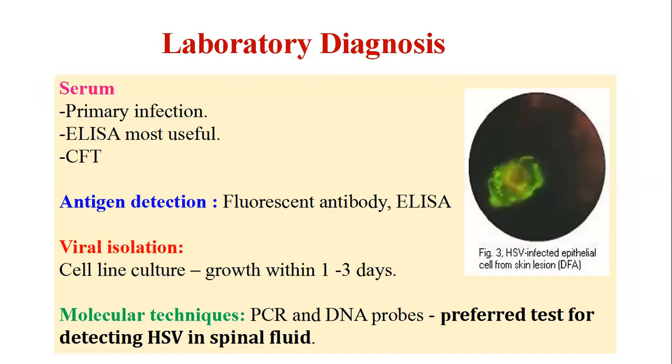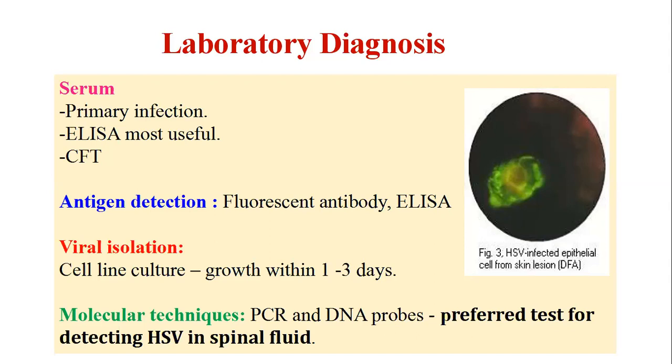Next is serum isolation. So isolating serum, then you can check for smear for primary infection from the primary lesions, or you can go for ELISA test or complement fixation test. And you can also go for antigen detection using fluorescent antibody or ELISA.